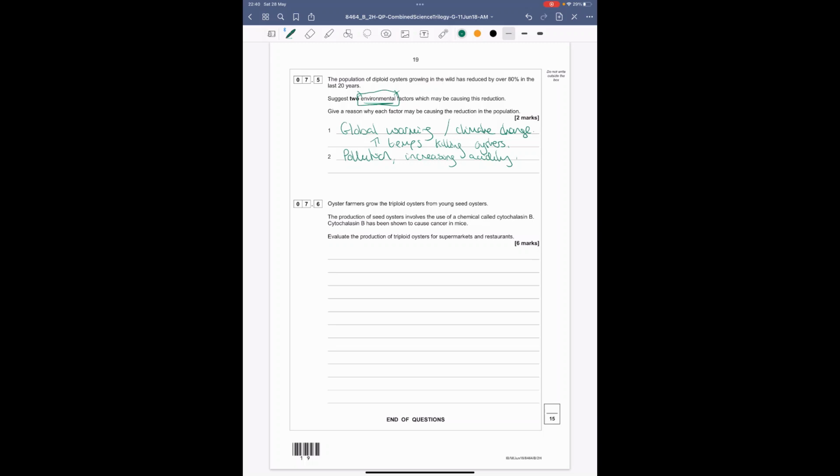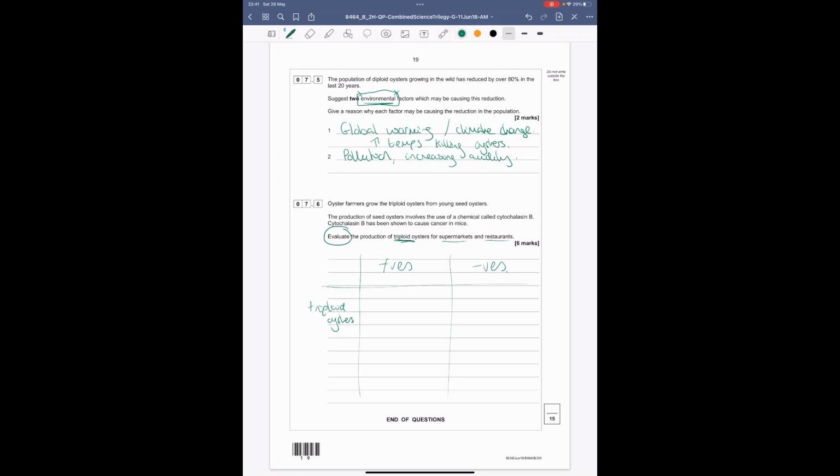So really, we are just evaluating, are these triploid oysters a good idea for supermarkets and restaurants? What we can always do in this sort of question, before you dive in and write your answer, is do a little comparison table. So you can have advantages and disadvantages for using triploid oysters.